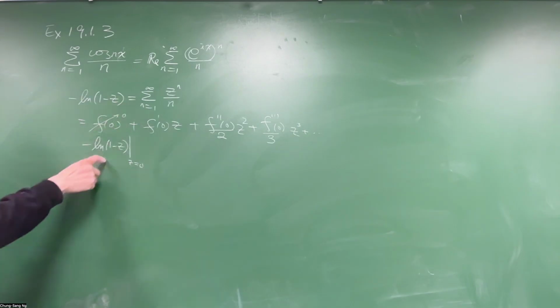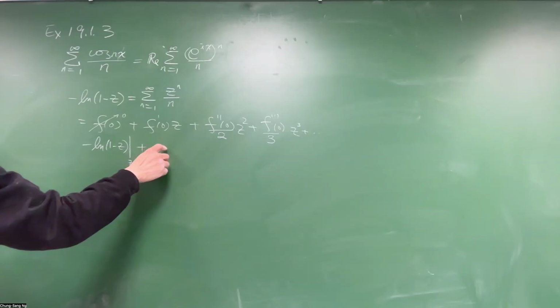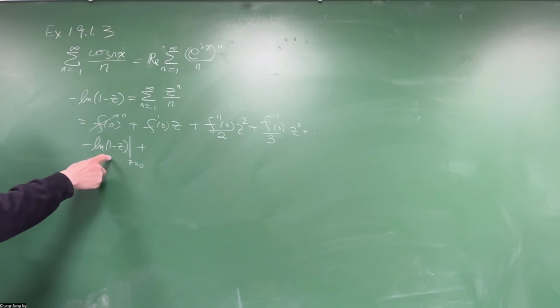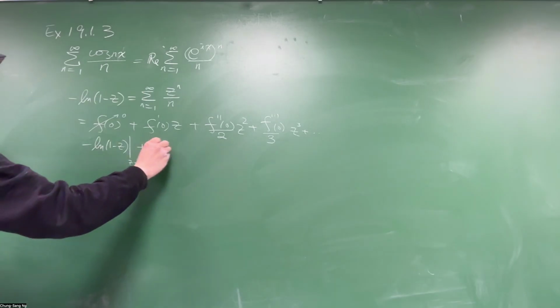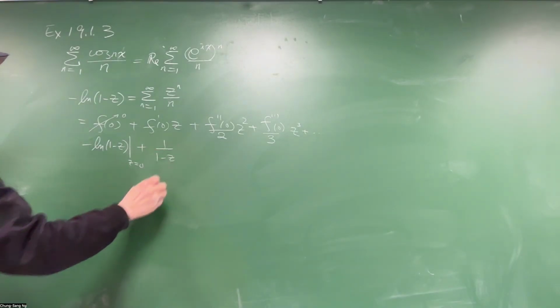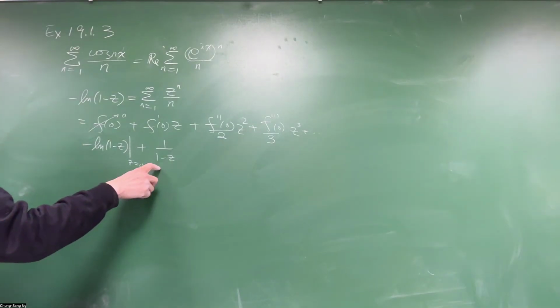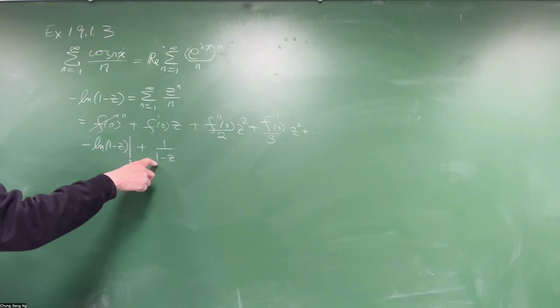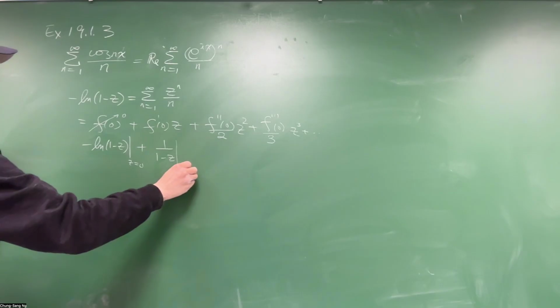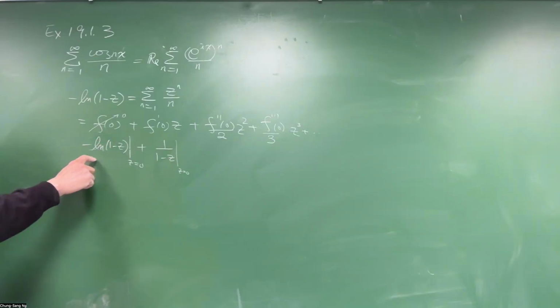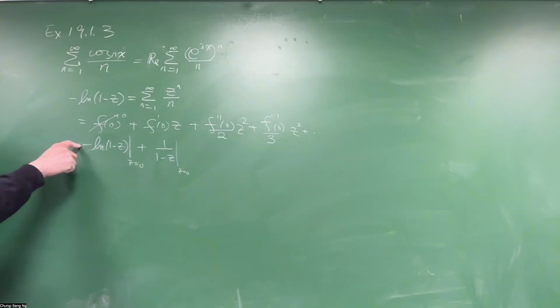And f prime is the derivative of this: you get 1 over 1 minus z, and taking the derivative of the argument gives you a minus sign, which cancels the minus sign in front.